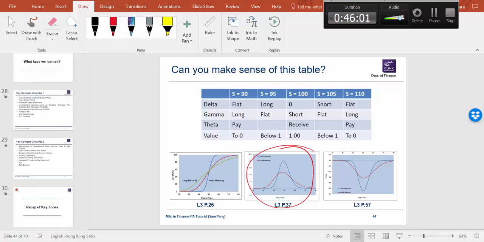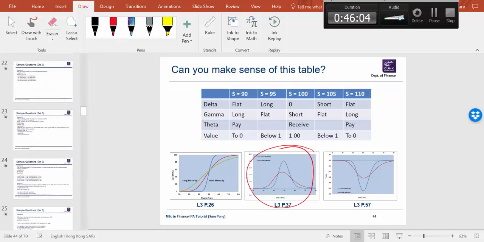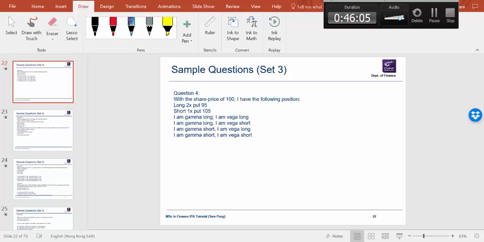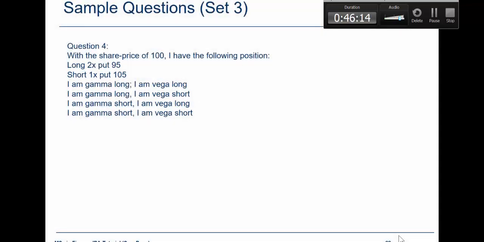Now, the question, what question was it? This one. It requires you to apply the understanding. So I'm going to reproduce that gamma diagram. So this is at the money. This is slightly in the money. So this is, let's say, 100.